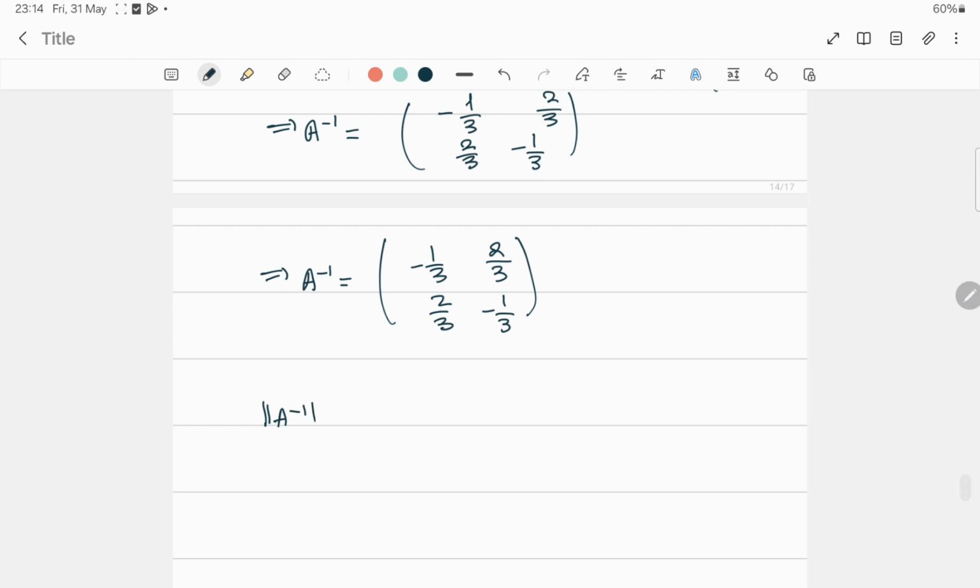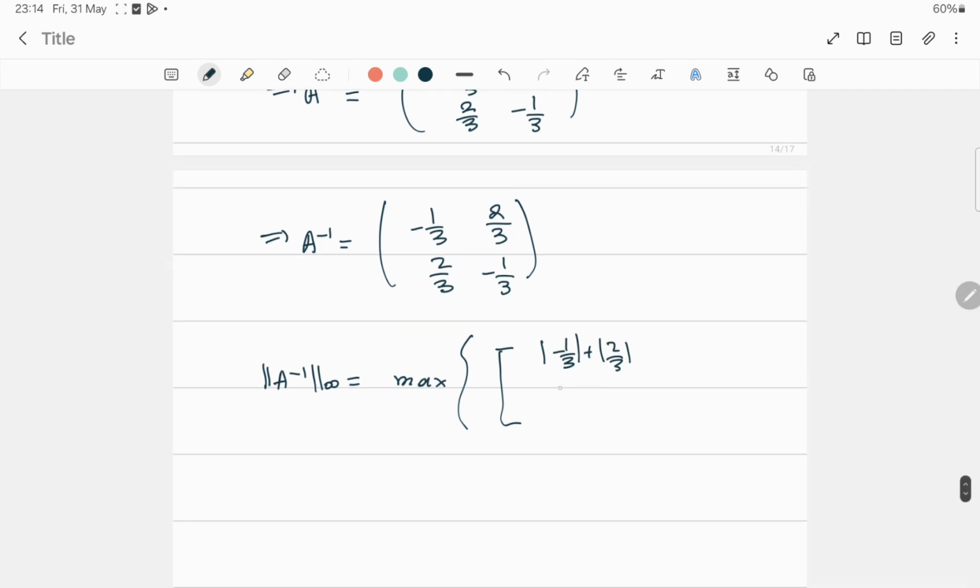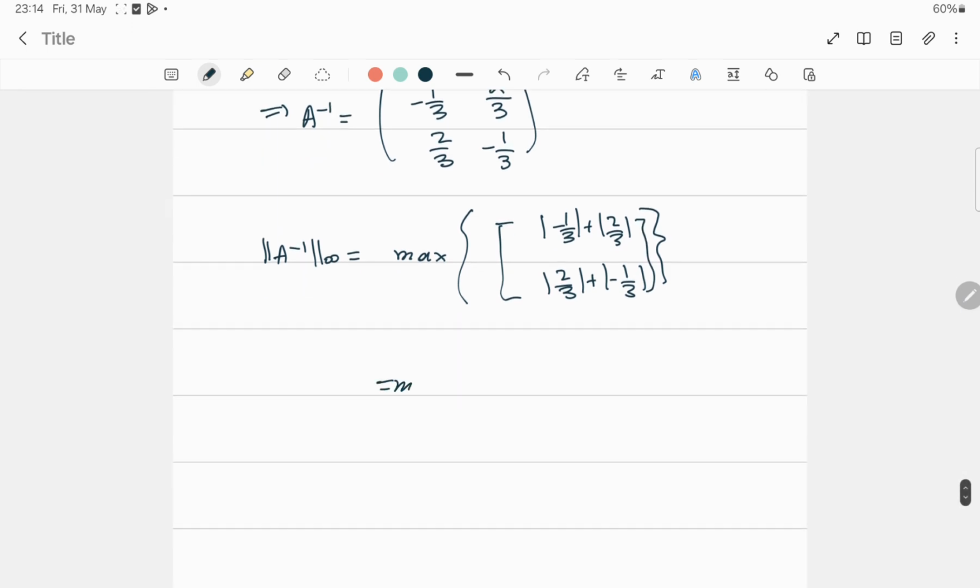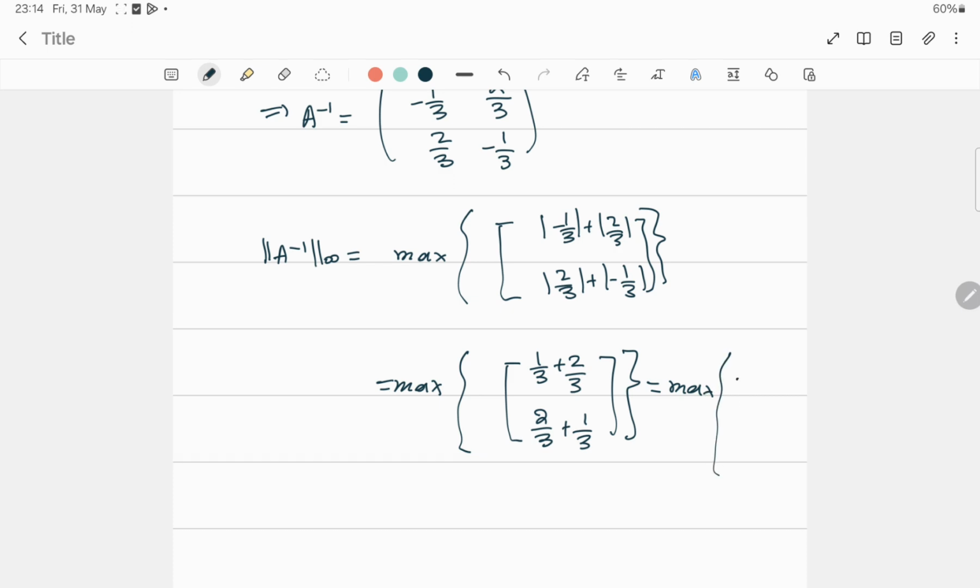We calculate the infinity norm. So we add these two elements in the first row in absolute value. And similarly, we do that for the second row. This is 1 and 1.